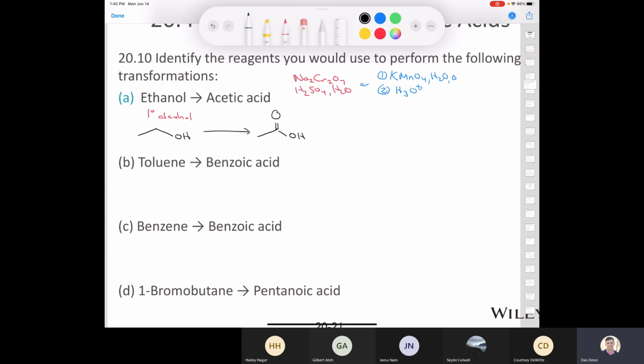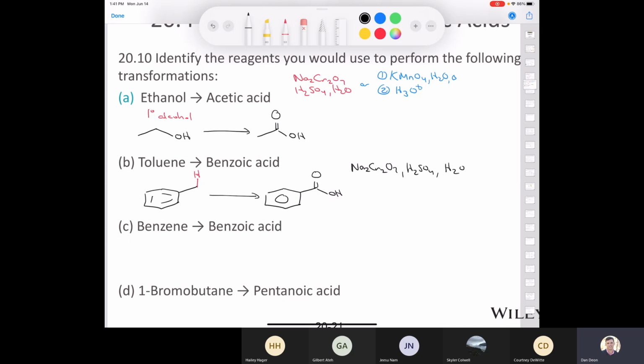The next one, we want to take toluene, which is methylbenzene, and convert that to benzoic acid. So what are we doing? We're oxidizing at the benzylic position, right? There's 3 protons here. I'll just draw one of them in. We're going to do an oxidation there. So again, same thing. I'll just write down sodium dichromate, sulfuric acid, and water. So that's called the Jones reagent.